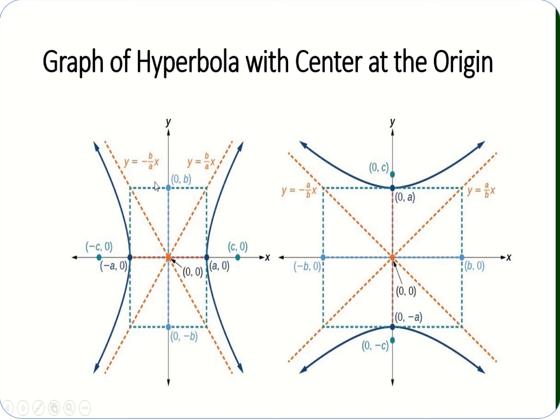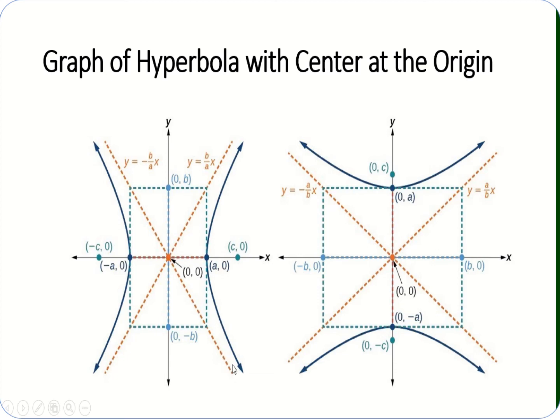And this rectangle here is called the auxiliary rectangle. The rectangle formed intersects the vertices. And these broken lines here, forming an X, crossing at the center, are called asymptotes.